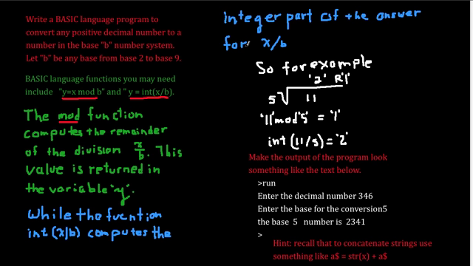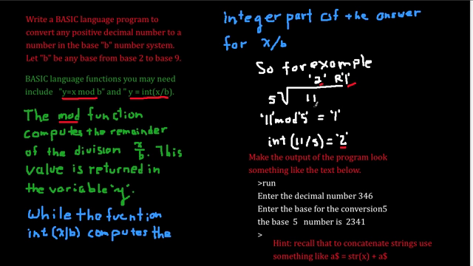So if we take, let's say, 26 divided by 5, the integer part is 5 and it has a remainder of 1. So this is like this example here. If we take 11 divided by 5, 5 goes into 11 twice with remainder 1. So 11 mod 5 is 1. That's the remainder here, whereas int of 11 divided by 5 is equal to 2.